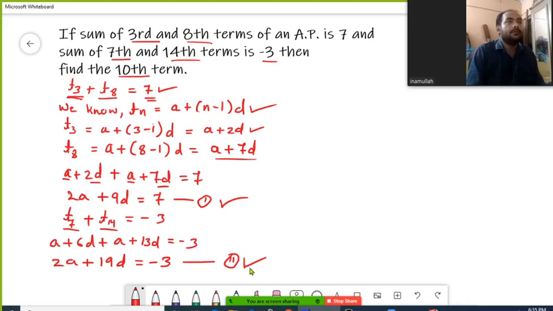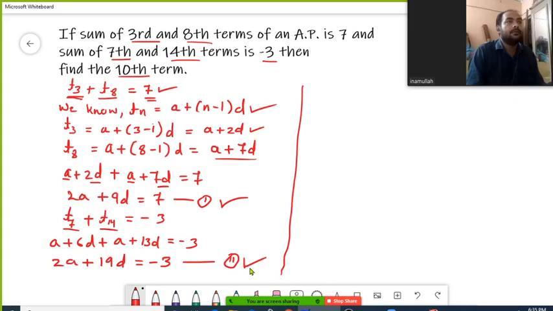For example, T10. When we substitute the value of n, I'll get A plus 9D. So I just need to see, can I get 9D or A plus 9D over here? So that is not possible. So I'll find out the value of A and D separately.